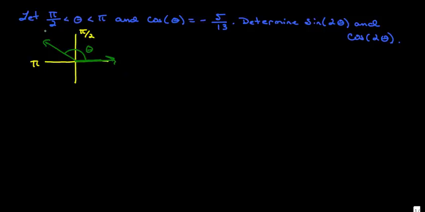So notice that we fall over here in quadrant 2. Now if you take an angle that's in quadrant 2, and we want to look at doubling that angle, which quadrant are we going to fall in? So let's take a look at that.